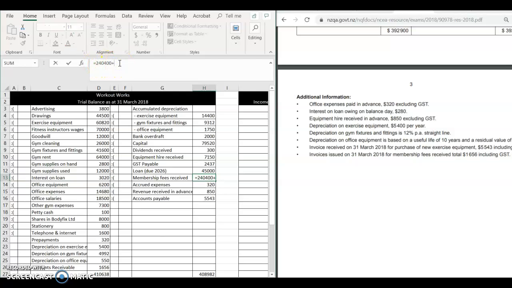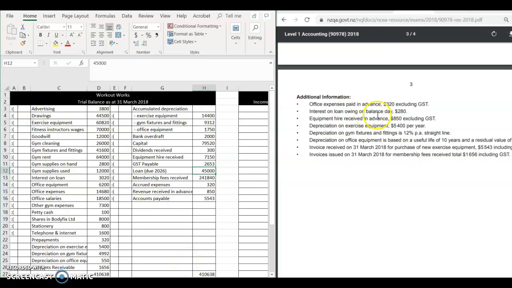We're going to add on the 1656 divided by 1.15 without GST. And then the GST, because we should receive it, we owe more in GST, 1656 times 3 divided by 23. And do we balance down the bottom? Beautiful.